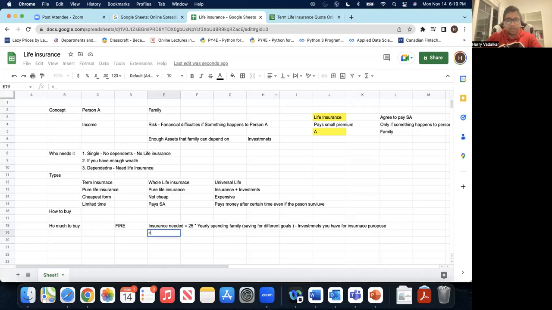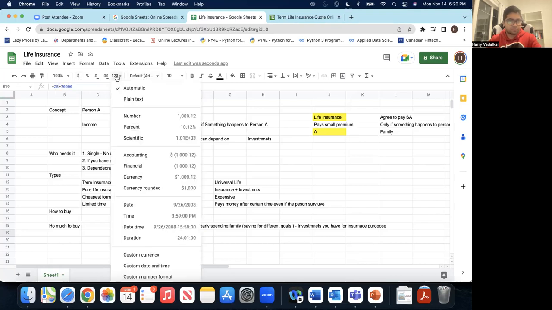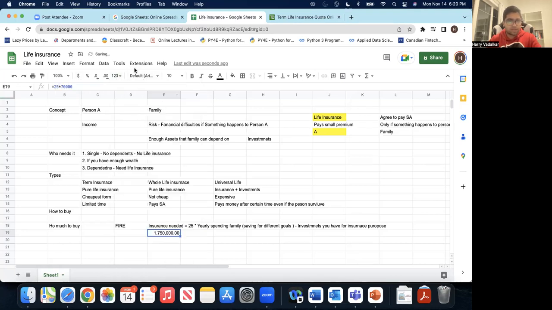So let's say you have a family that spends around $70,000 annually on different expenses and also saving goals. That comes to around 1.7 million. You subtract from that the investments you have.